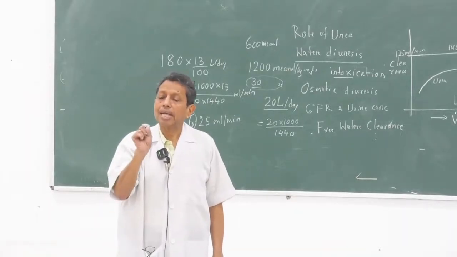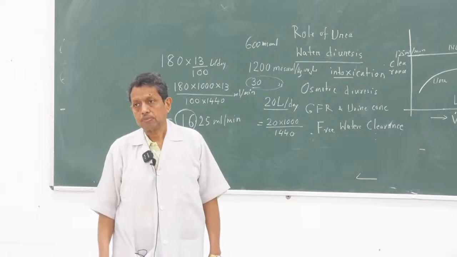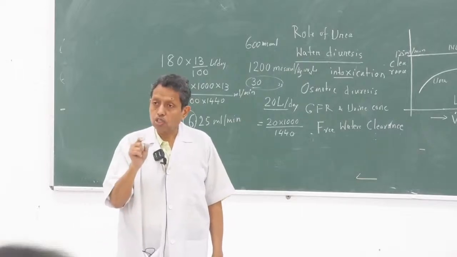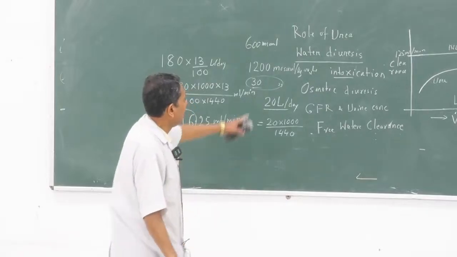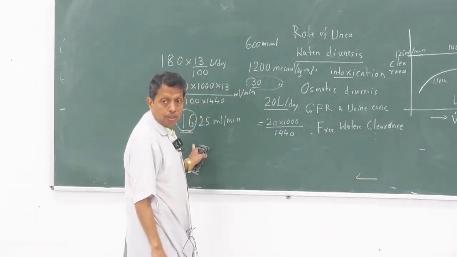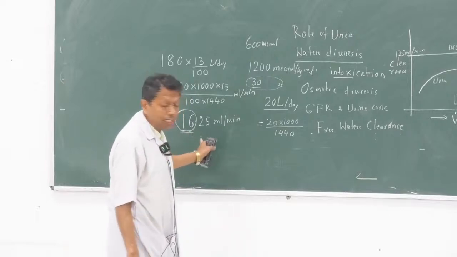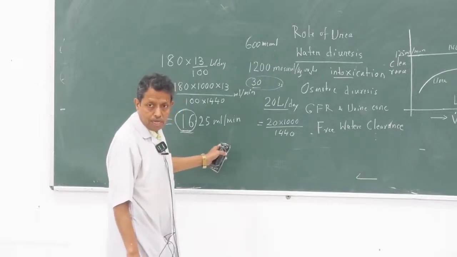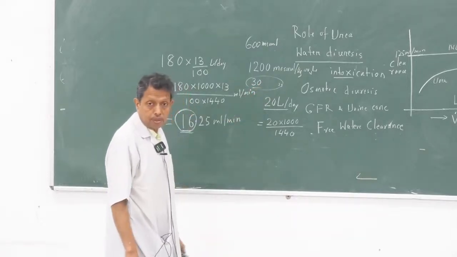And if it comes as a short note, then you have to explain in this way. What is the maximum dilution possible? In case of water diuresis, there is a fixed value. It varies from individual to individual according to the capacity to maximally dilute the fluid.